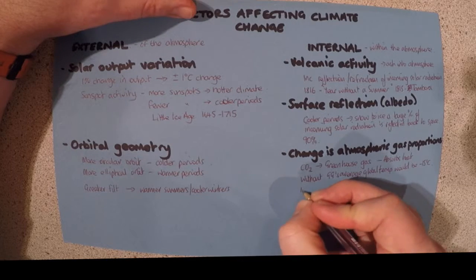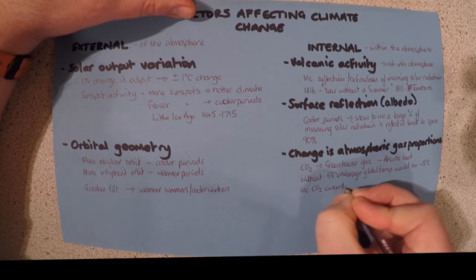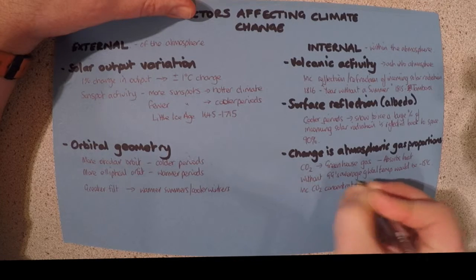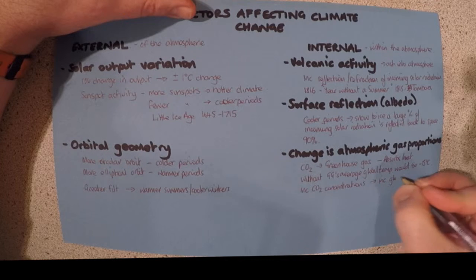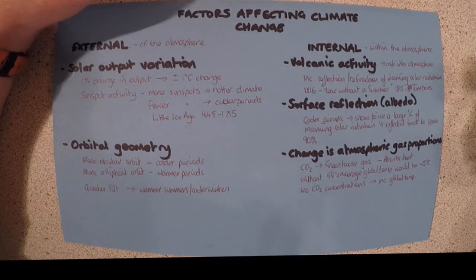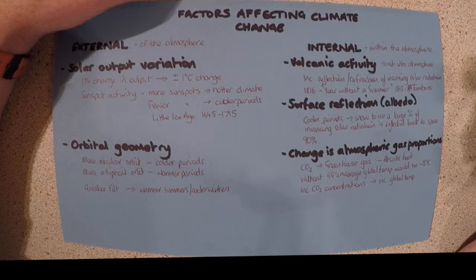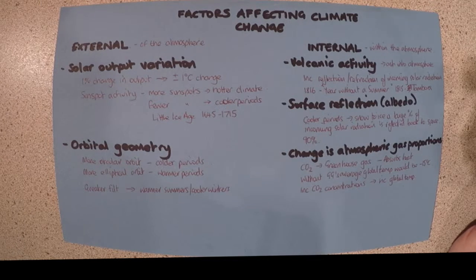However, of course, increased CO2 concentrations will lead to increased global temperatures. As you'll see from future revision videos, methane is also a very important greenhouse gas, and it's more absorbent of heat than carbon dioxide is.